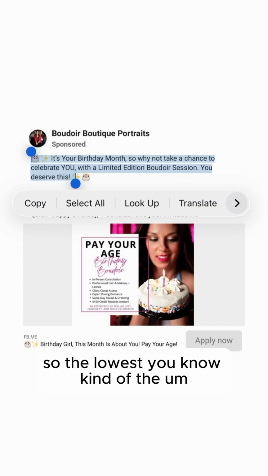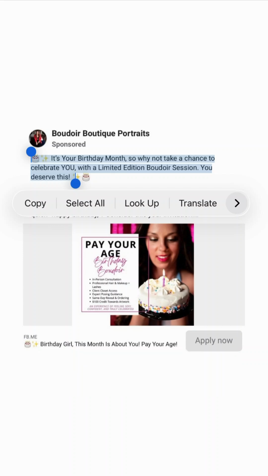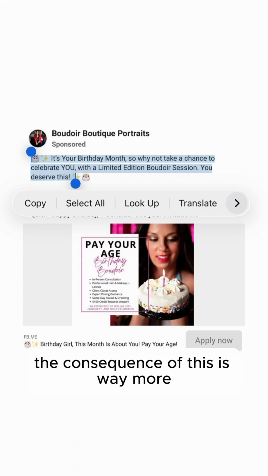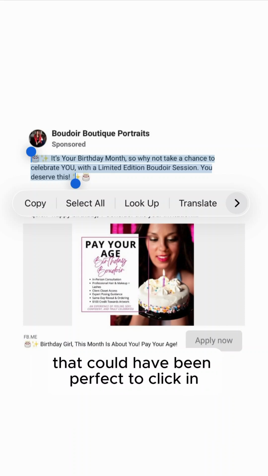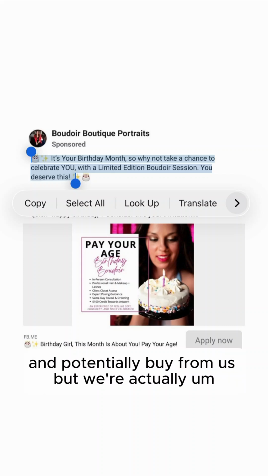So the consequence of this is way more women are going to scroll by our Boudoir Facebook ad than necessary, women who could have been perfect to click in and potentially buy from us.